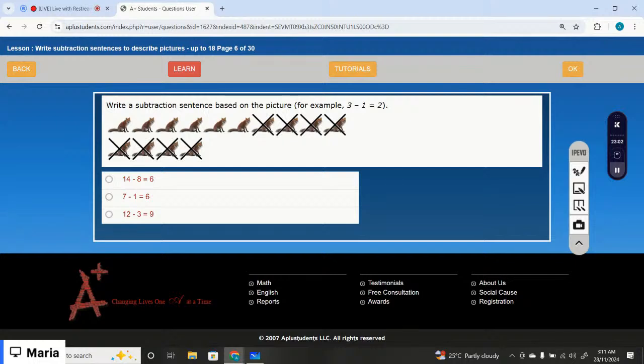The correct option is option number 1, 14 take away 8 equals 6. Okay, you can complete the lesson by yourself later today. Let me just move on to the next lesson.